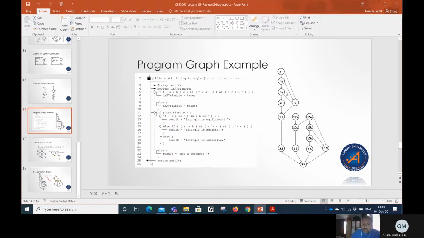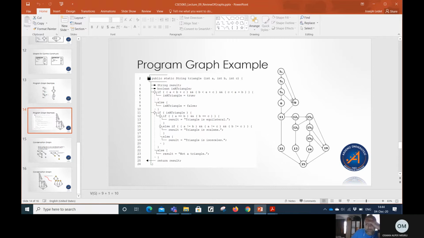Anyway, notice that we would want 1, 2, 3, 4 test cases, and we have 1, 2, 3 regions, which, if I remember correctly, would be the cyclomatic number. It would be the number of bounded regions.